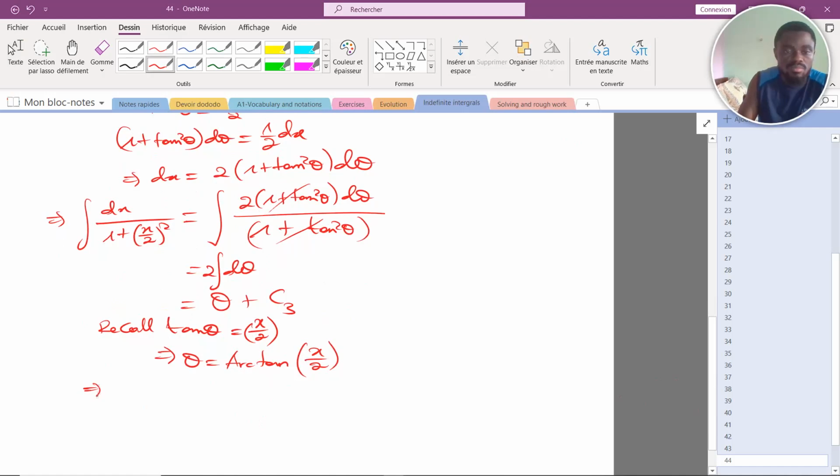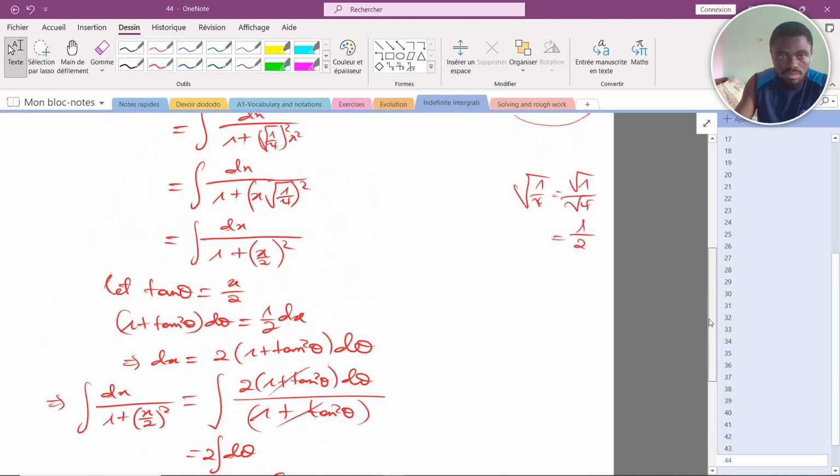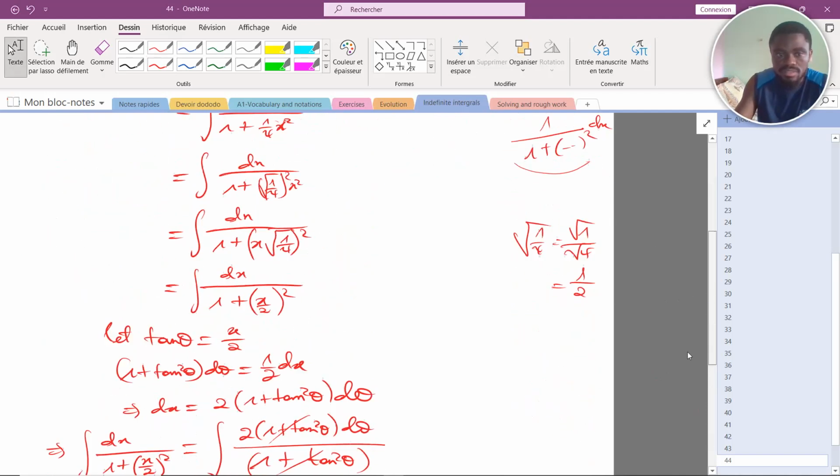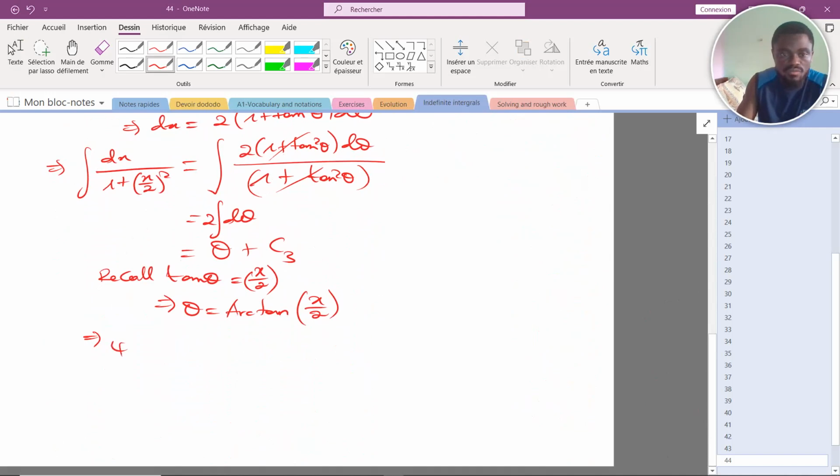So it implies this integral we were finding, 4 into the integral of dx all over 4 plus x squared, will be equal to what? The integral of this will be arctan of x over 2 plus a constant of integration c3.